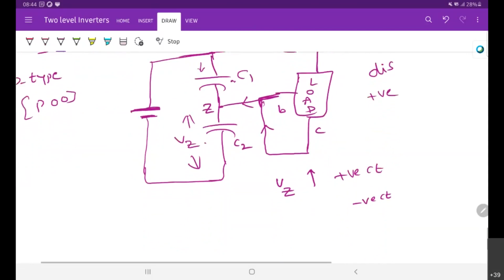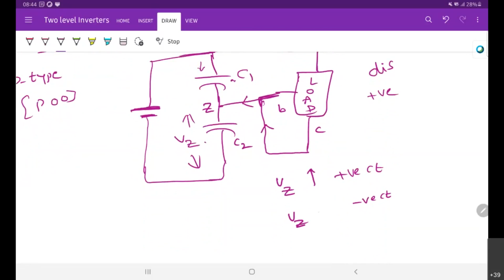So the top capacitor is charging, and therefore the bottom capacitor voltage, VZ, decreases. It's clear? So for positive current, the neutral point voltage will increase with a P-type small vector, and for negative current, the neutral point voltage will be reduced.